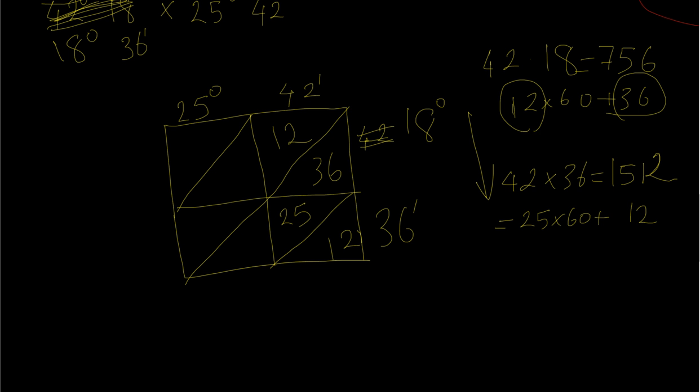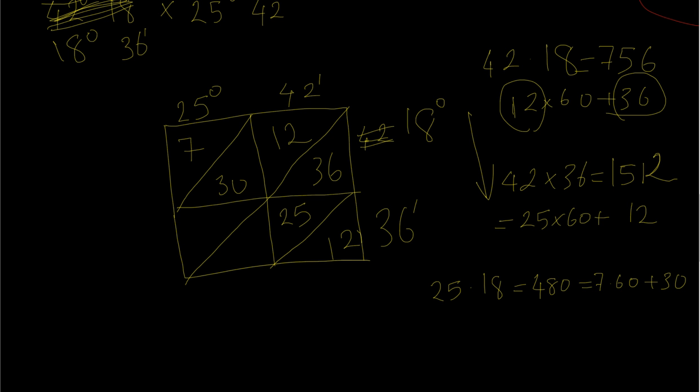So next, if we do this corner over here, it will be 25 times 18. It is 480, which is equal to 7 times 60 plus 30. So the 2 digits that we need are 30, which is the lower digit, and 7.